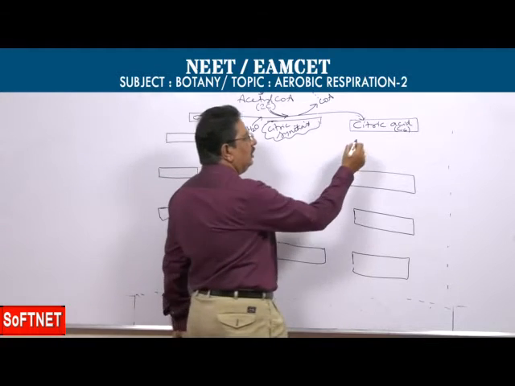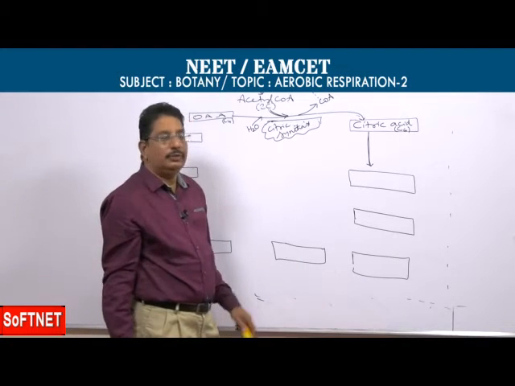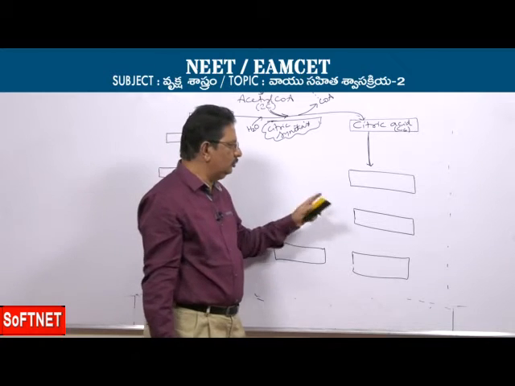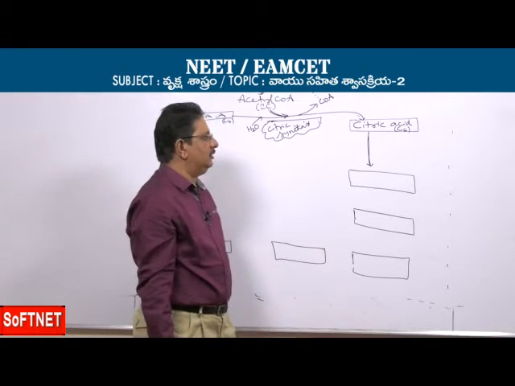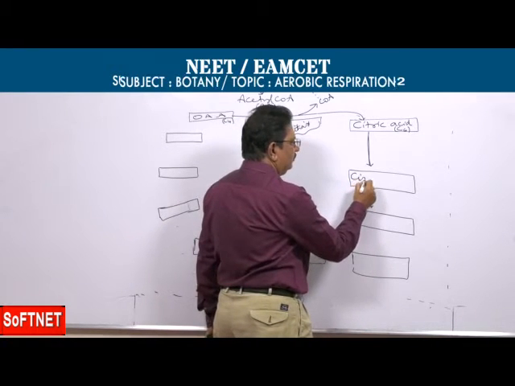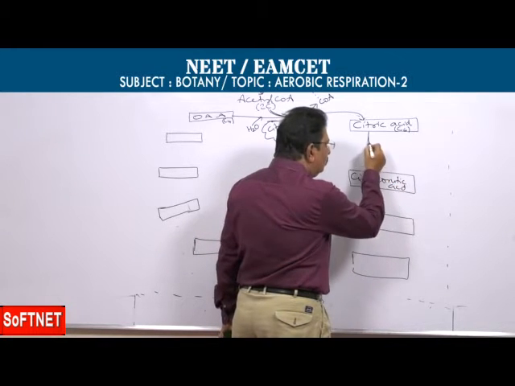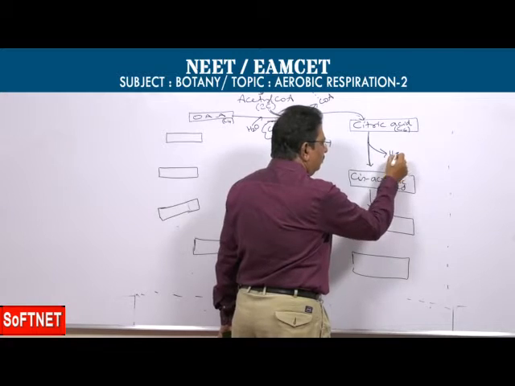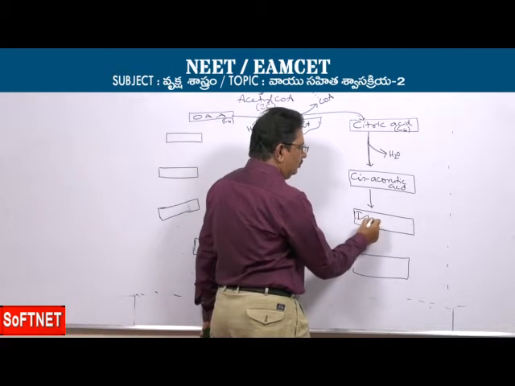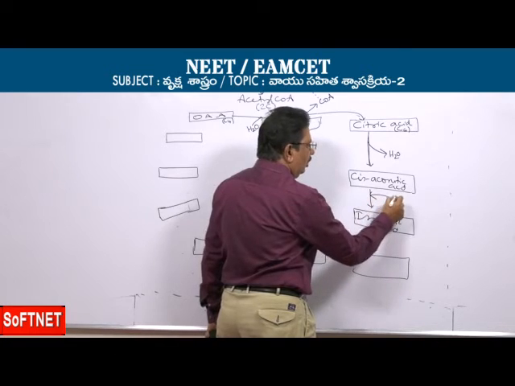So citric acid now undergoes some characteristic changes which are considered to be isomerization in a couple of reactions. That means with two simultaneous reactions, citric acid is first converted into cis aconitic acid by losing a water molecule, and immediately it converts into isocitric acid with the addition of water.